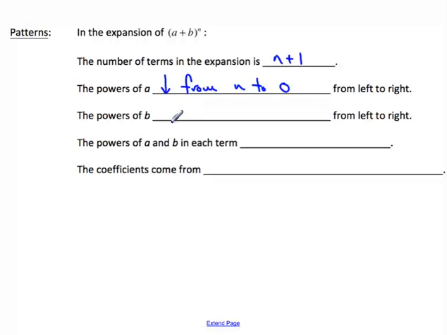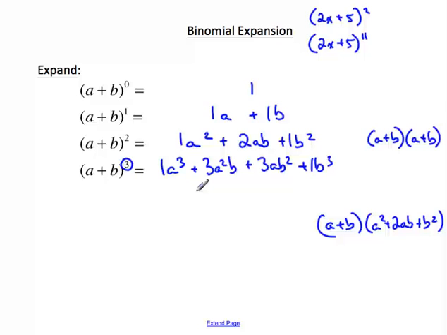Conversely, the powers of b, the second term in the expansion, increase from 0 to n as you move from left to right. Going back here, we see that there's b to the power of 0, which is 1 here, b to the power of 1, b to the power of 2, and b to the power of 3. So the a's are going down in their exponents, and the b's are coming up.